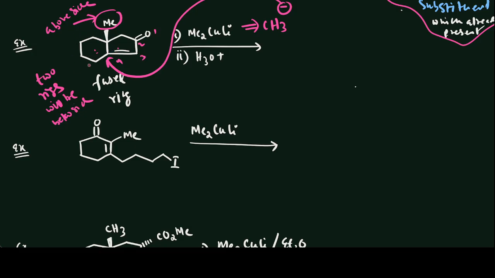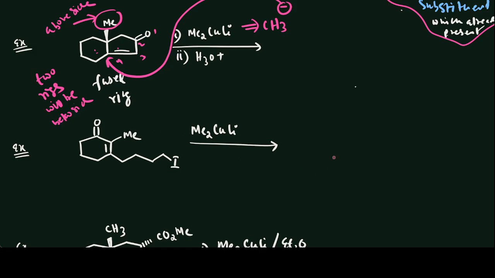Since these two rings go to the below side, steric hindrance would happen on the below side because two big rings are there, and on the above side only methyl is there. So it will attack from the above side only, because compared to these two rings, methyl is less sterically hindered and the rings are bulkier.